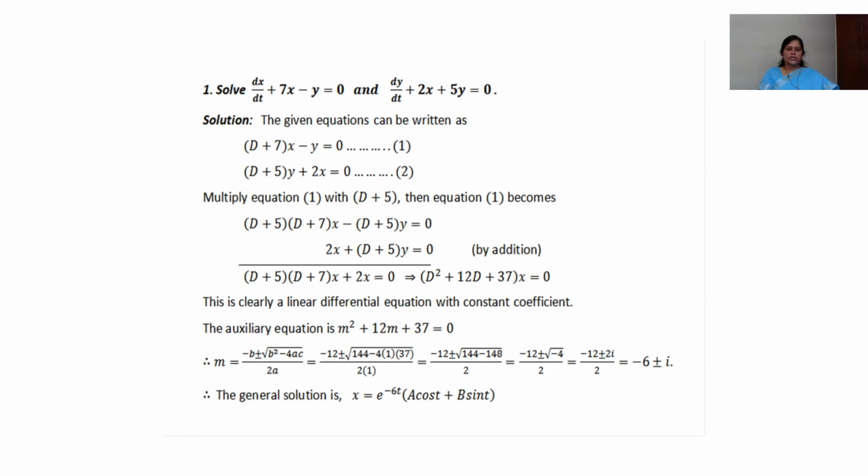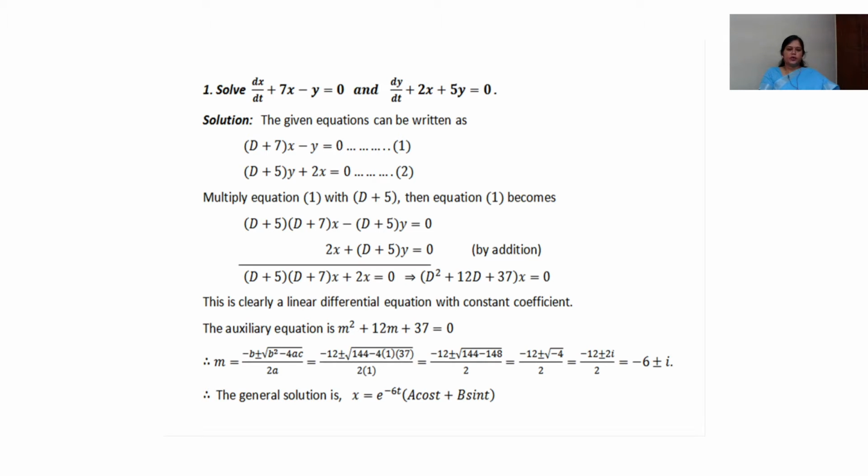So we write 2x plus (D plus 5) y is equal to 0. Now observe these two equations. We have a common y term, so it will be cancelled whenever we add. So by addition we can cancel y.